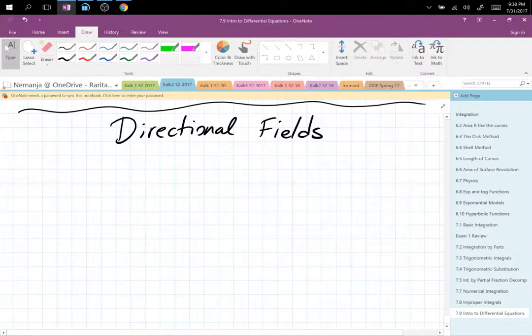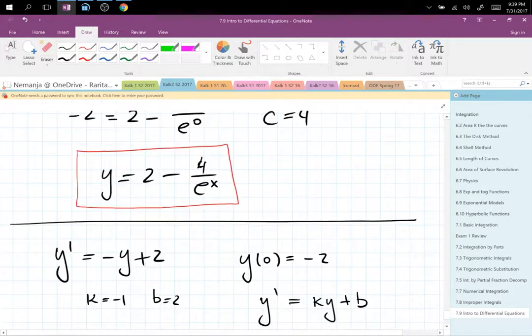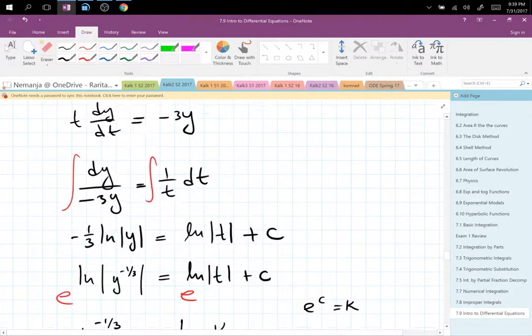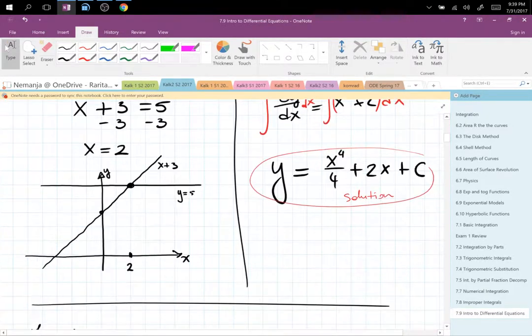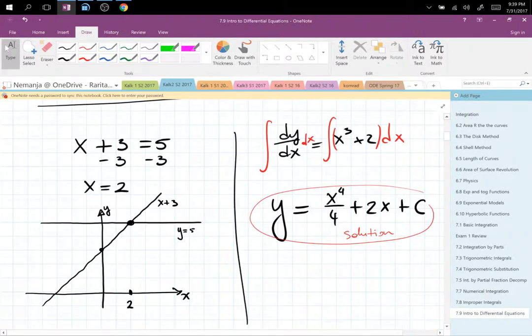Directional fields are a way to solve first order differential equations graphically. And then you look at the shape of the functions you get, and you guess the solution from there. I already told you that you can solve regular equations, basic equations, using the graphical method.